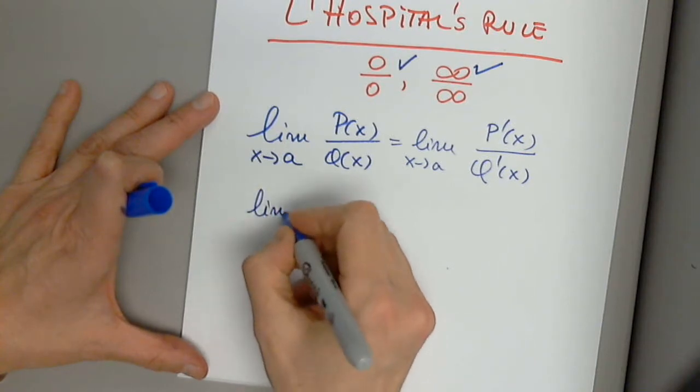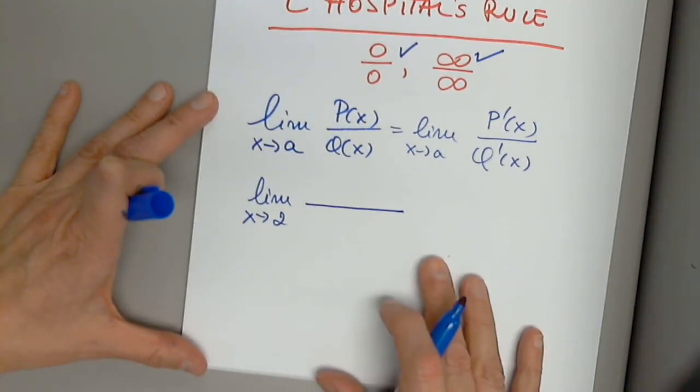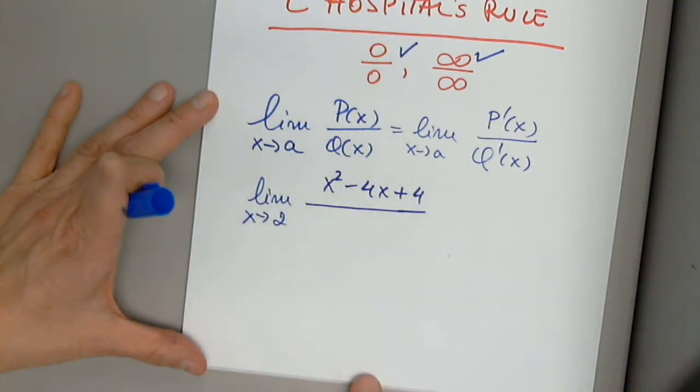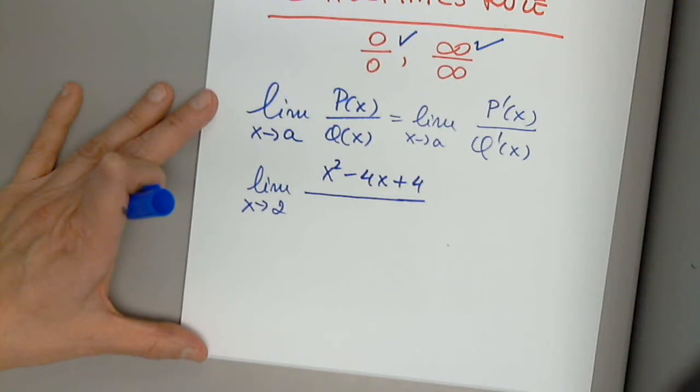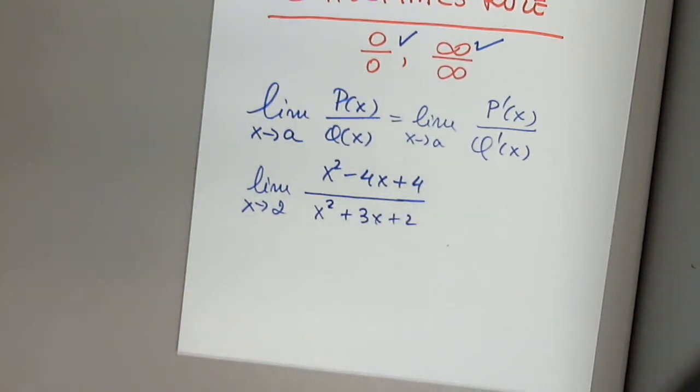So let's say limit as x approaches 2 of x squared minus 4x plus 4 over x squared minus 3x plus 2.